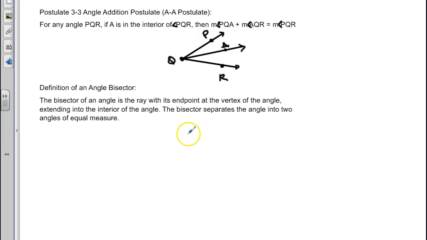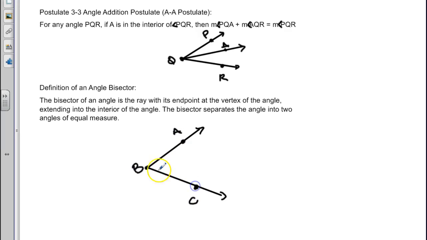All right, so if you want to draw a picture of this angle bisector, then we could draw, make it a little bit bigger here, and I'll show you what the symbols are. So let's say this is angle ABC.